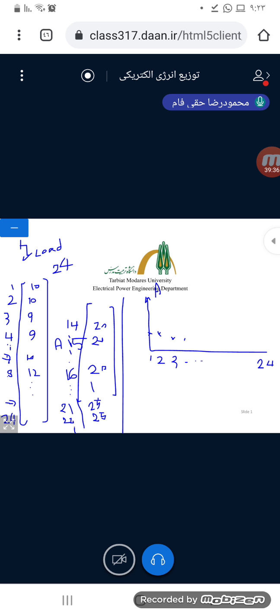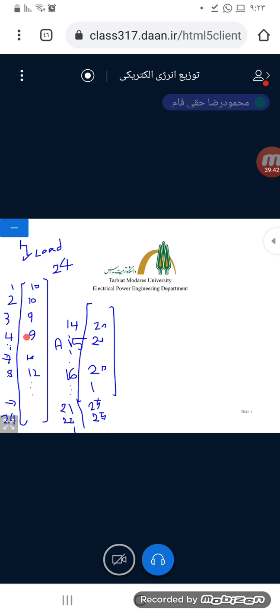For the load duration curve, first you need to sort this vector from the highest number to the lowest number.